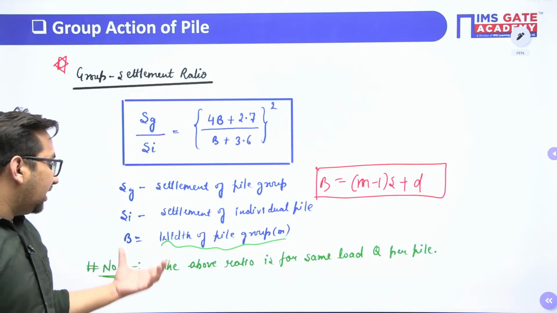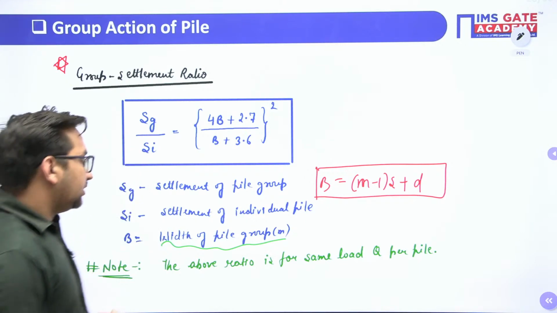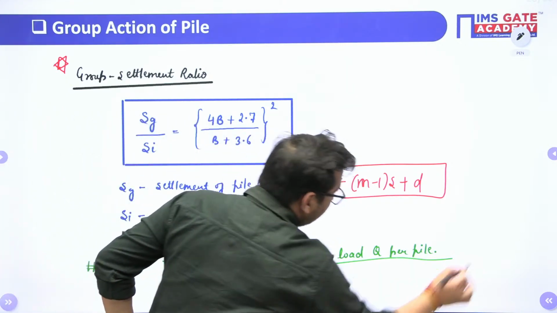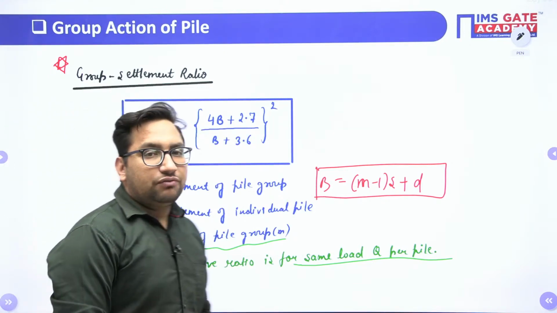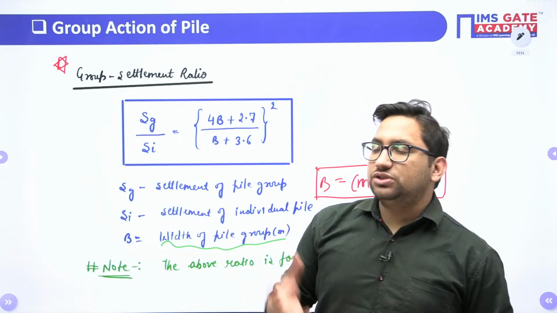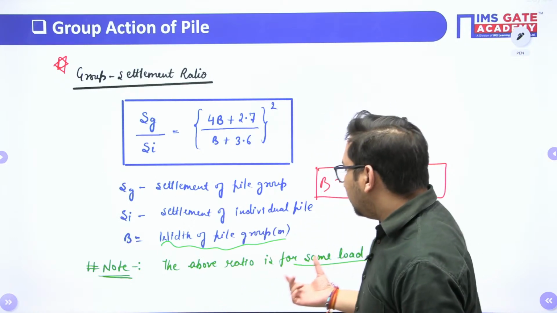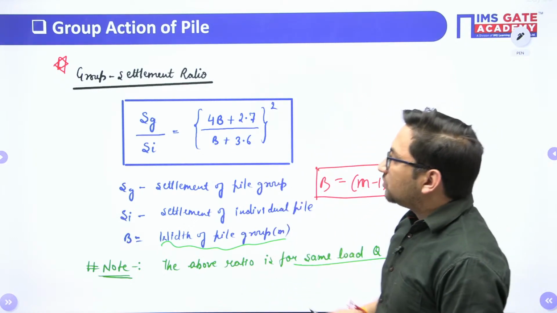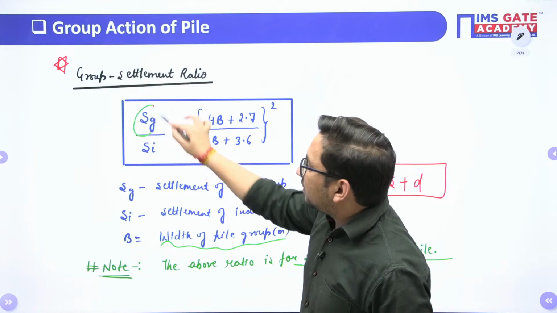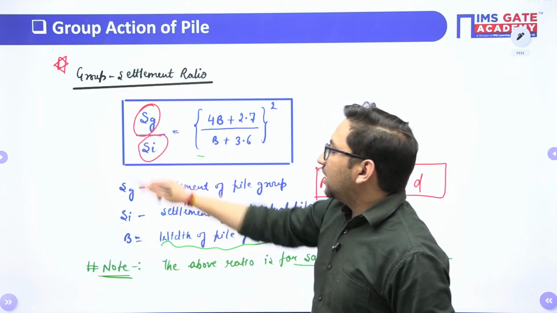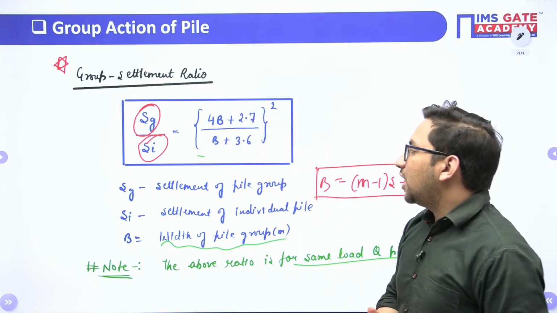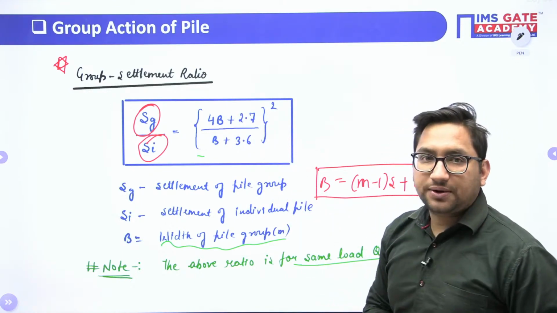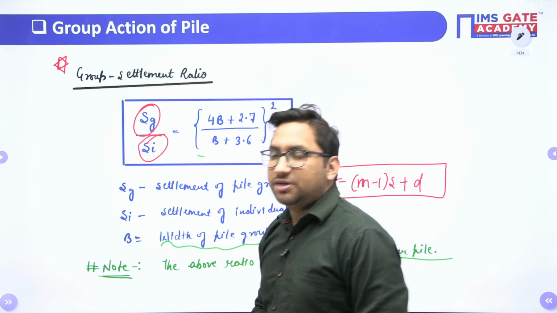Now this formula is valid for the same load per pile. Clear? It means when each and every pile is subjected to the same load, only then this formula will be valid. So it gives you the settlement of a group to the settlement of an individual pile, which is given by (4b plus 2.7 upon b plus 3.6) whole square. I hope this concept is also clear.